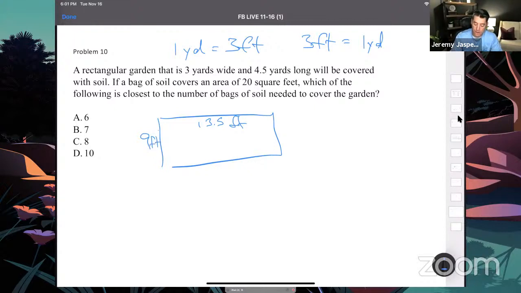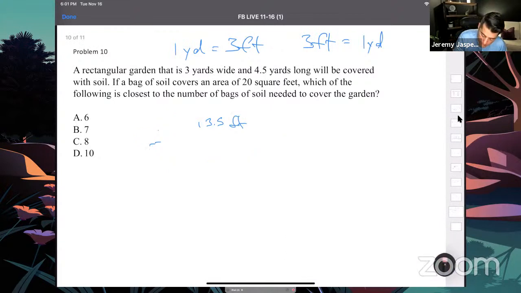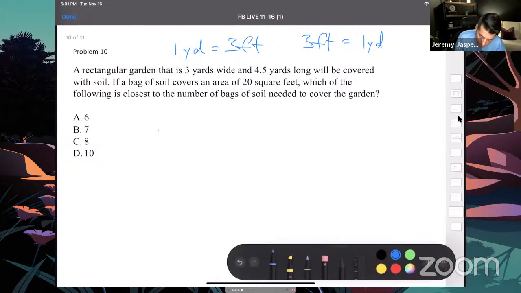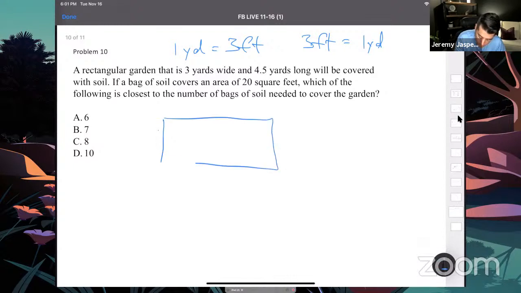Okay. I draw things quick and it looks a little sloppy, so I've got to pay more attention to that. 13.5 feet, 9 feet. I don't know if that's much better, but you get the idea.